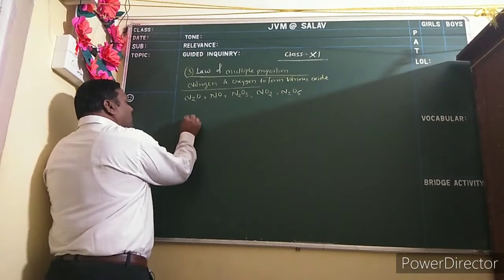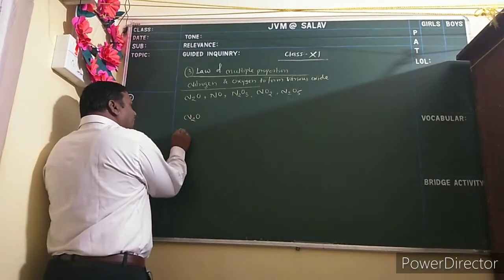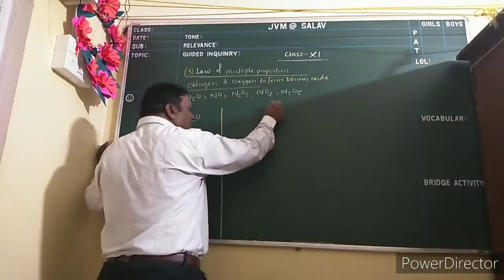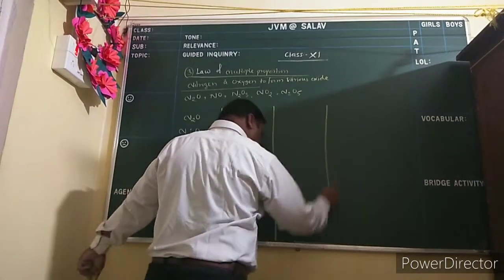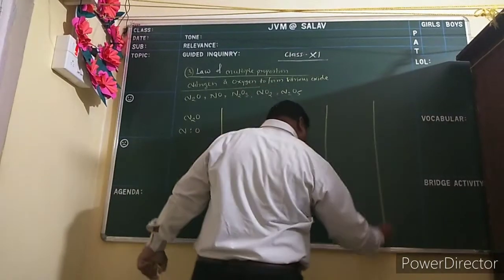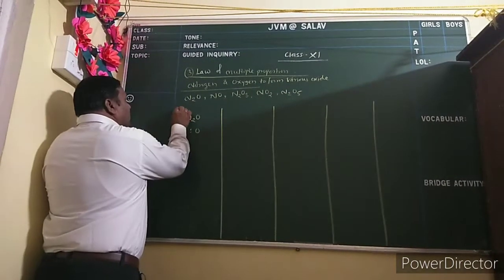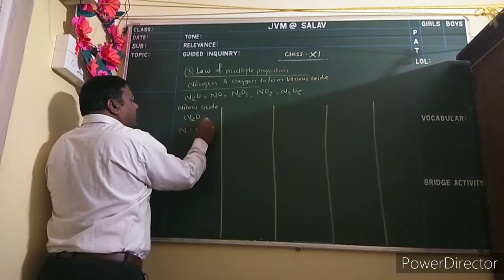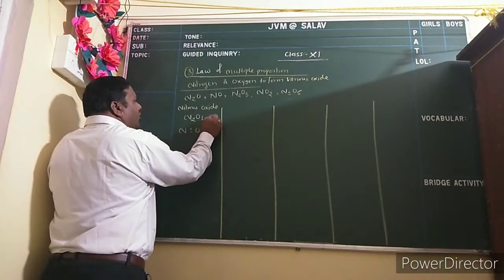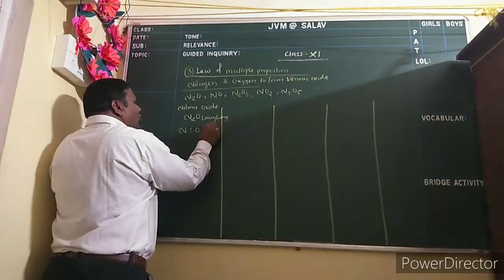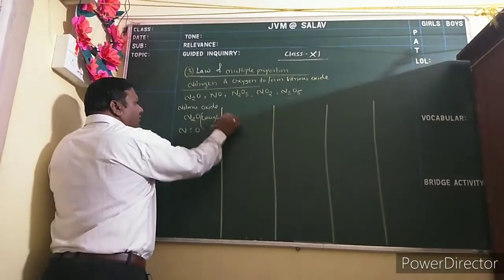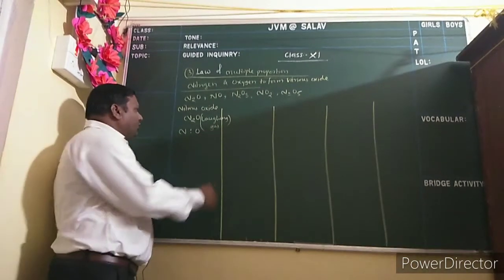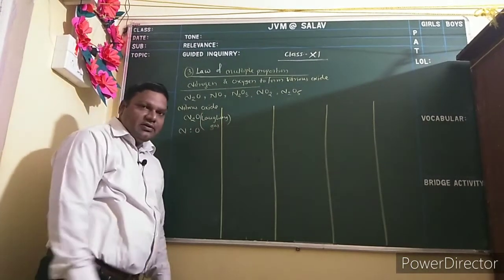Now N2O, what will it be? Nitrogen to oxygen. I will write their proportions here as well. N2O, nitrous oxide, what do we call it? Can anyone tell me? It is called laughing gas. N2O, so nitrogen has 2 atoms, and oxygen 1. What is the atomic mass of nitrogen? 14.